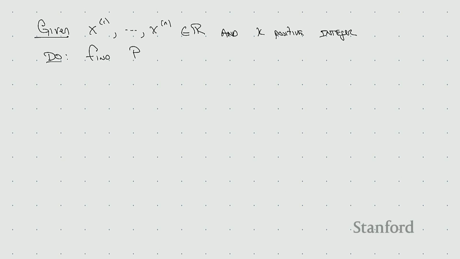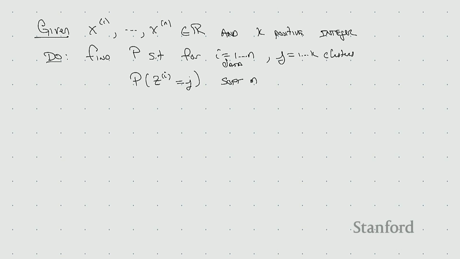Find p such that for i equals 1 to n, j equals 1 to k, the clusters, this is the data, we have an estimate of p(zi equals j). This is our notion of soft assignment. Okay, so that's what we're responsible for.